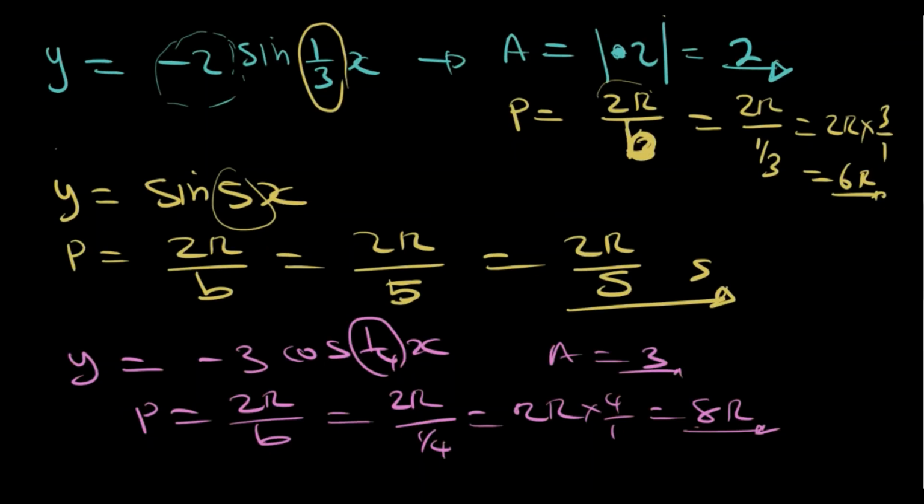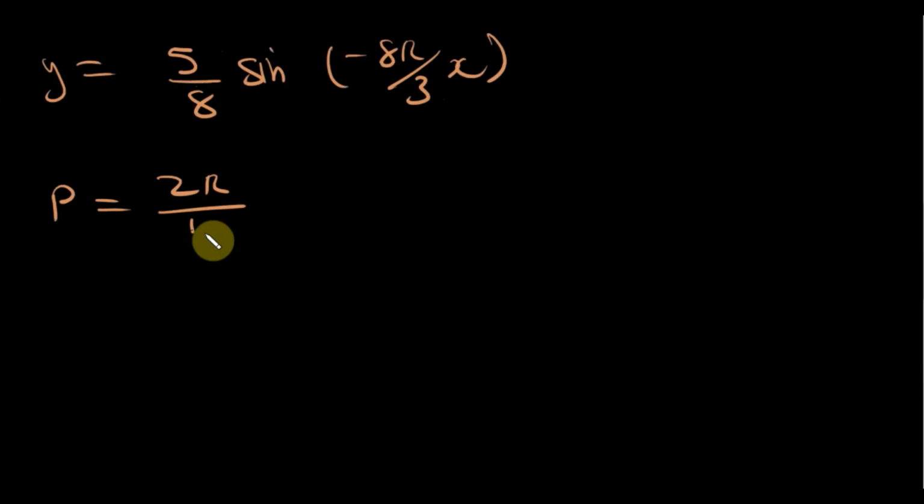Okay, so finally, let's look at say y equals 5 over 8 sine minus 8 pi over 3x. The question is find the period. The period will be 2 pi over b. What is b?